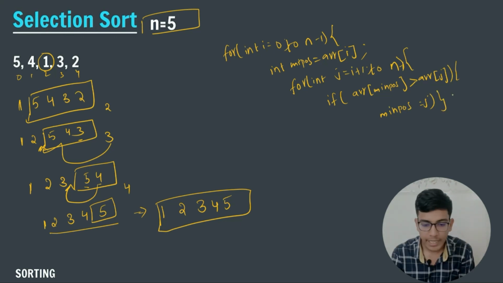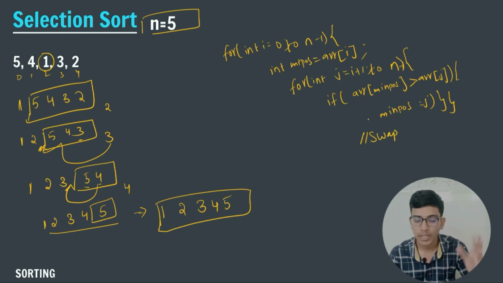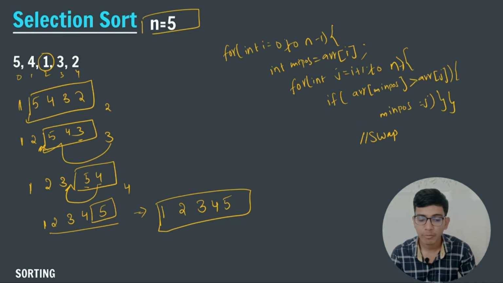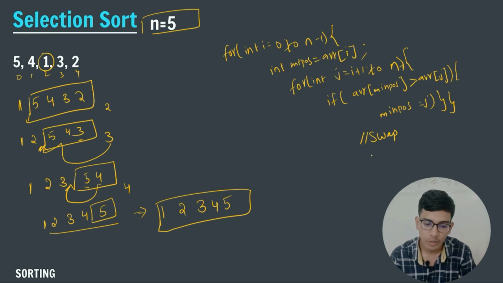After that we will complete our inner loop. After that we will swap. In the outer loop, after completing the inner loop, we will swap the elements between the minimum position and the given ith index. So I am going to store int temp is equal to ARR of minimum position.